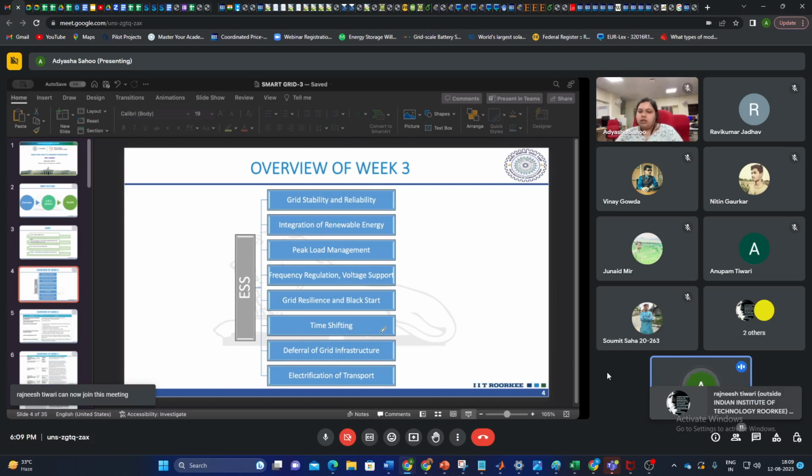We'll see it in the upcoming slides, but if anyone wants to share now, they can tell their views. Basically, time shifting and peak load management are kind of similar, but we'll see in what way they differ in the upcoming slides.